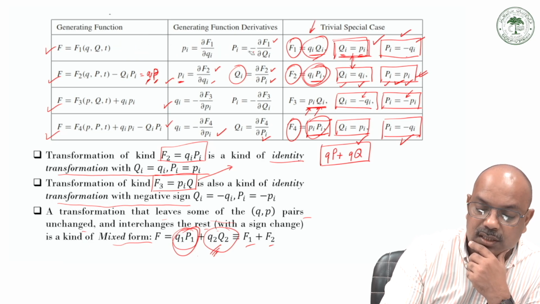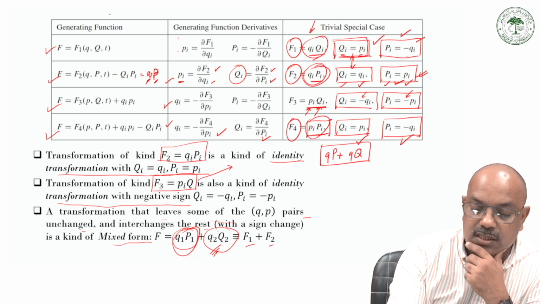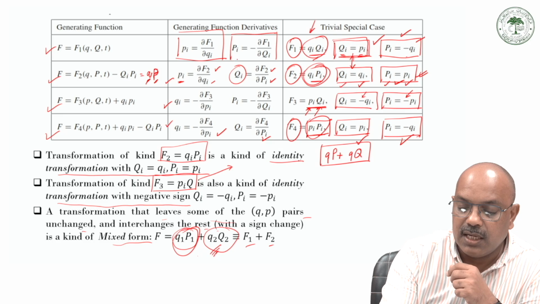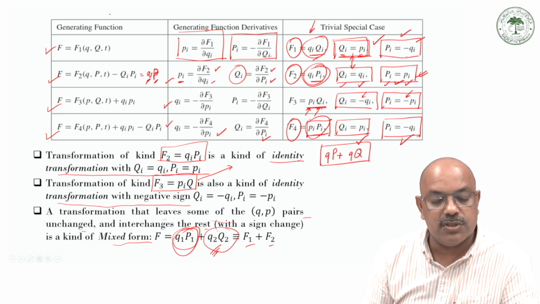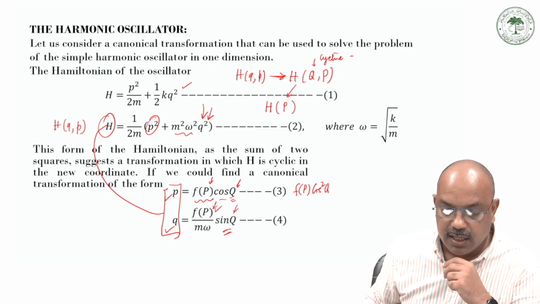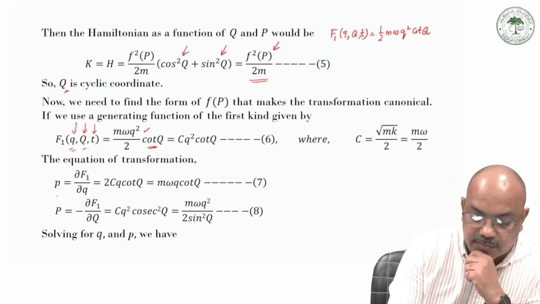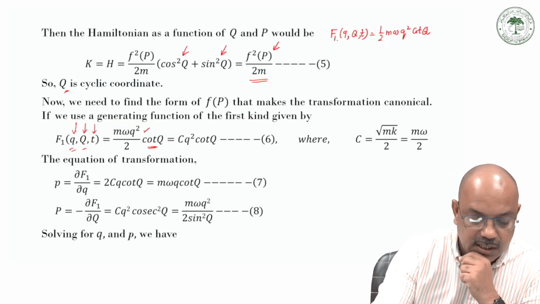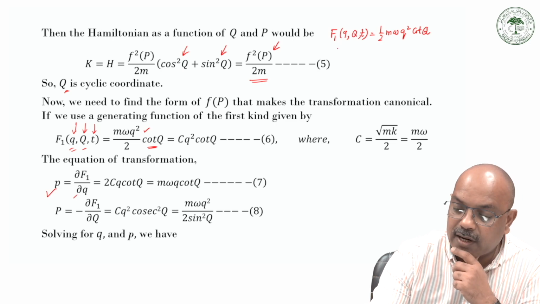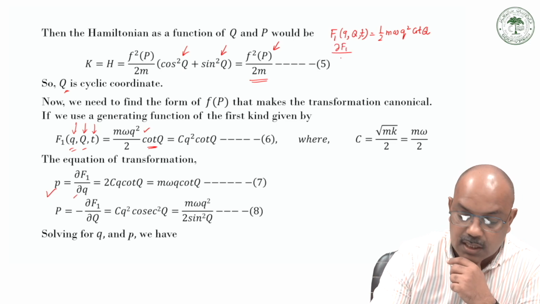These are: p_i equals delta F upon delta q_i, and capital P_i equals minus delta F upon delta Q_i. I am going to use these because I have the first-type generating function. So corresponding to the first generating function, p is delta F1 upon delta q.